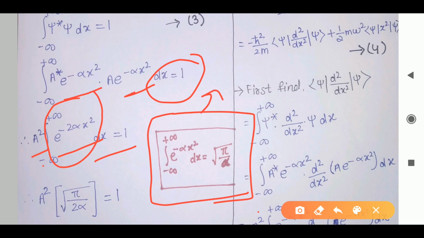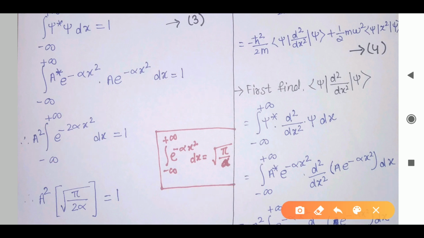When you have the integration from minus infinity to infinity of e raised to minus alpha x square dx, you will get root over of pi divided by alpha. Clear? So here exactly we have this value.